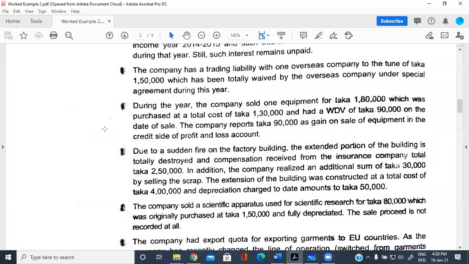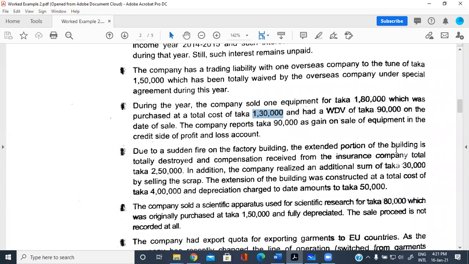The company has been able to achieve a capital gain because the selling price is greater than the total cost, the cost of the equipment. Okay. So how much is capital gain? 50,000. And how much is revenue gain? The rest, 40,000.